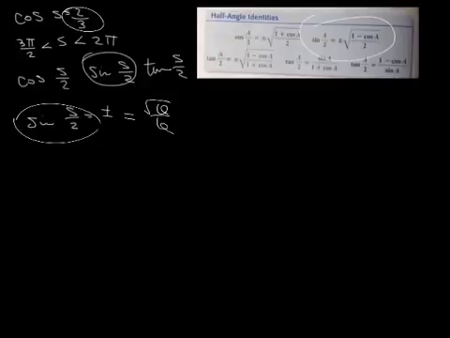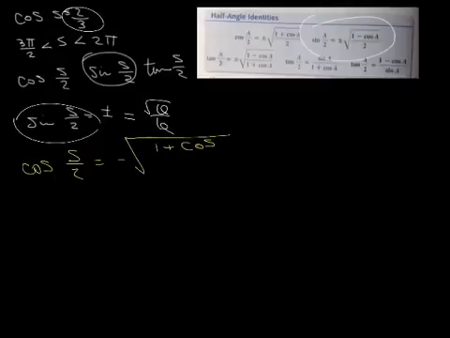Alright, let's look at cosine of s over 2. Cosine is negative in the second quadrant, so I'm going to have negative square root, and I'm using cosine: 1 plus the cosine of s, which we already said was 2/3 from up there, so I don't need that.